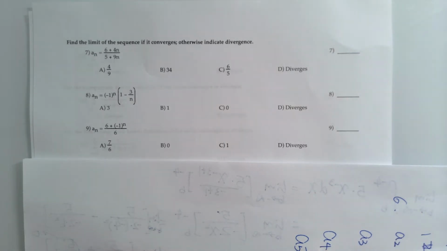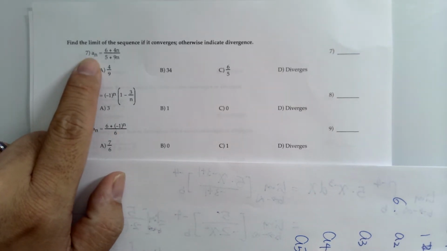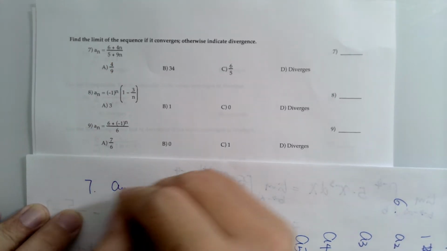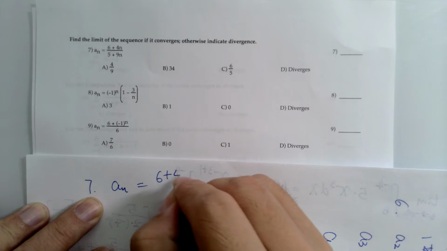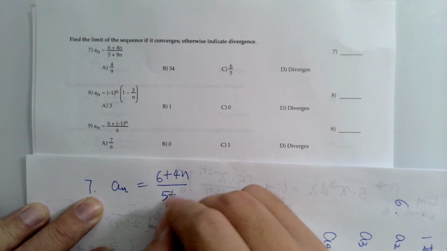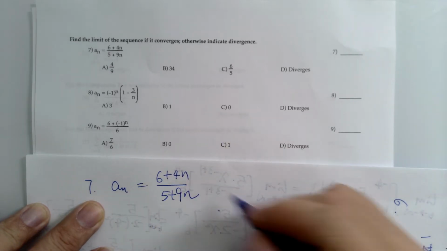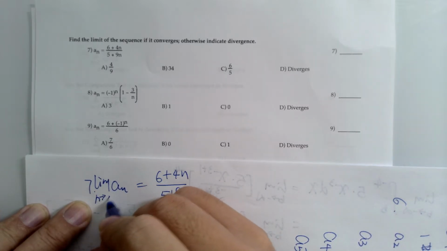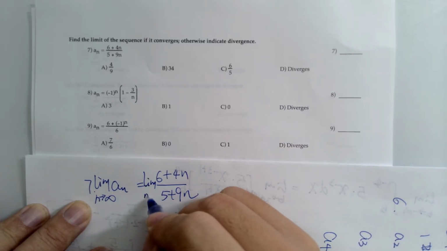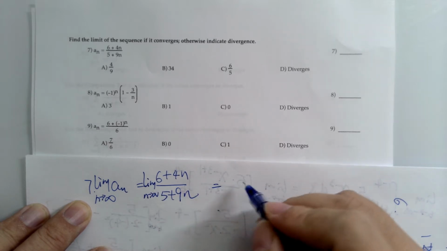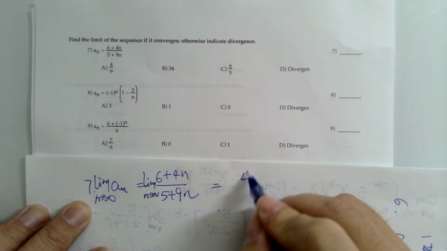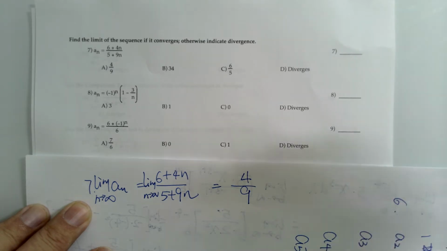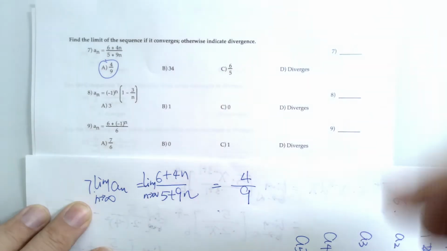So here an equals 6 plus 4n over 5 plus 9n. If we take the limit as n goes to infinity, noticing that this limit is easy to evaluate, it is 4 over 9, so this sequence converges to that. So this is simple.